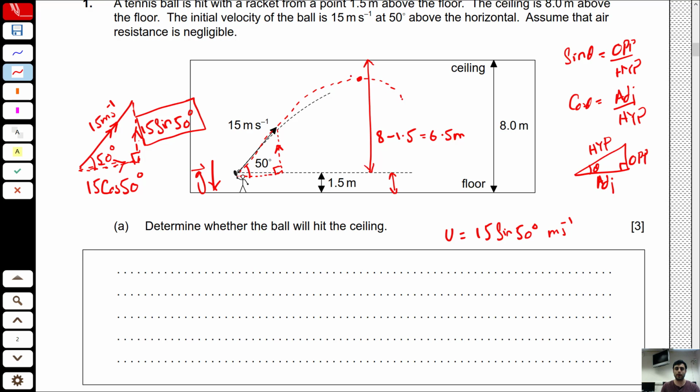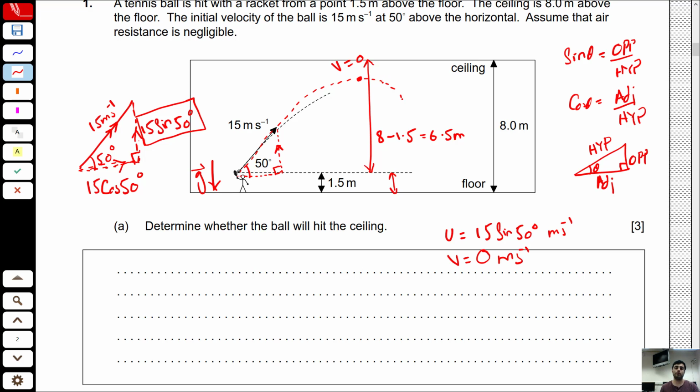At the maximum height, its final velocity is 0, so the ball stops and then returns back to the ground.